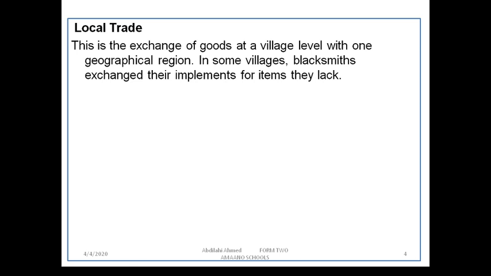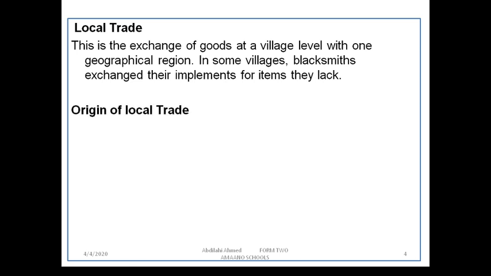It was also called barter trade. Exchange of goods with no money involved at all. For example, you have your sugar, you need salt, your friend in his home has a lot of salt, you go together and exchange. That's called barter trade. And barter trade was a part of local trade.